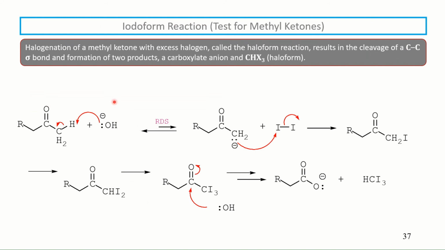And we now can review this reaction, which is the iodoform reaction. Remind yourself that with the hydroxide and the halogen, we have an autocatalytic reaction. The iodoform reaction is a reaction that we use to test for an acetyl group, i.e. a methyl ketone.